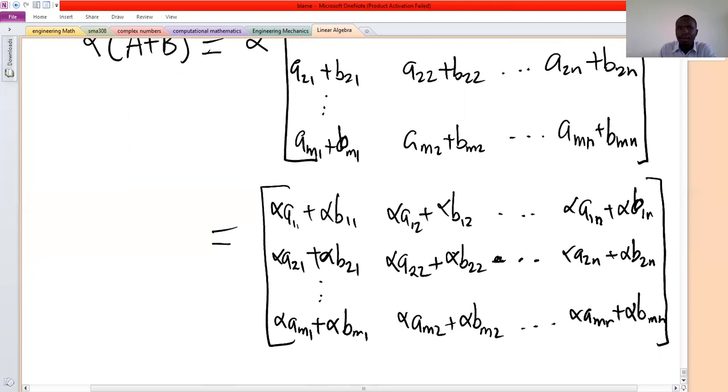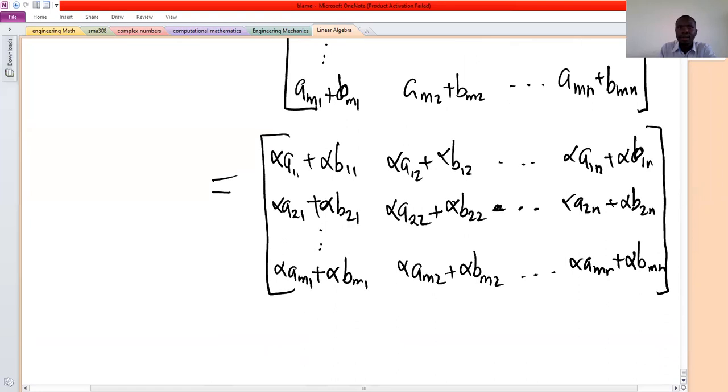Now in this sum, we must have added the matrix of alpha aij's to the matrix of alpha bij's.